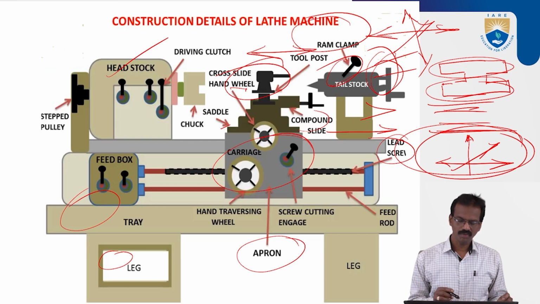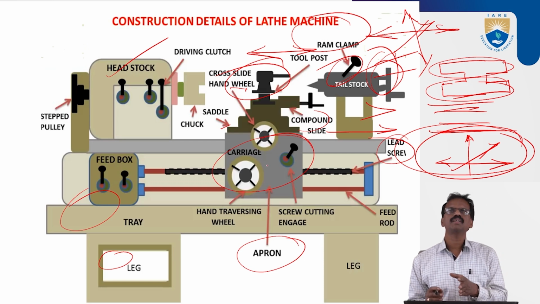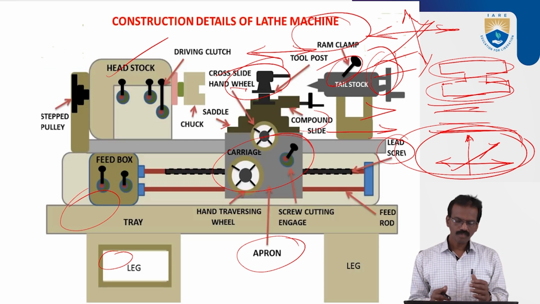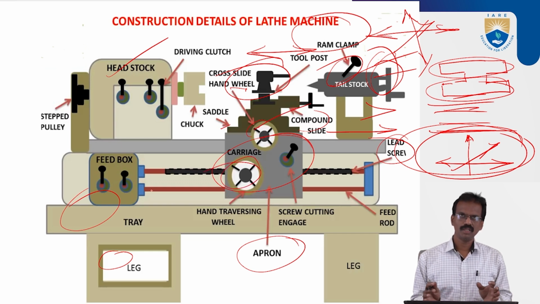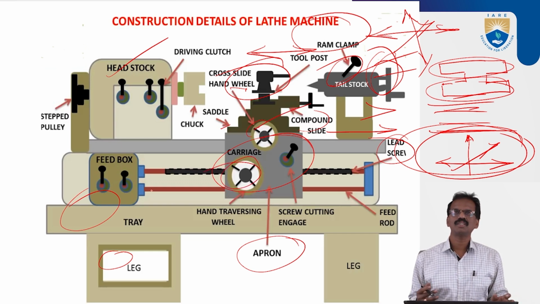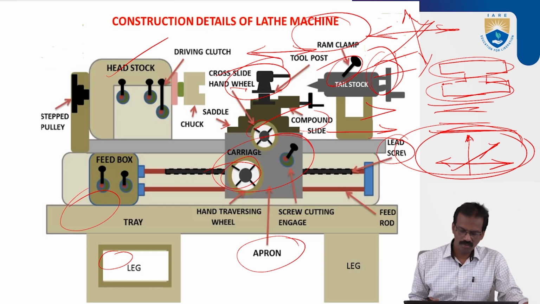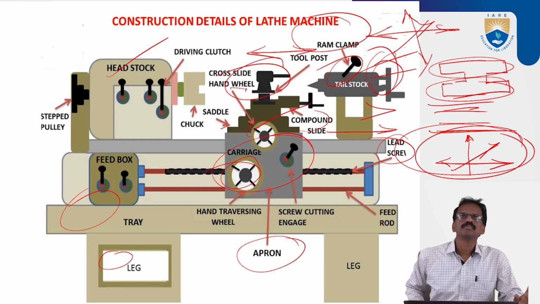That is the main advantage. By the help of the carriage we can operate the cross slide using this lever, and by this lever we can give the horizontal movement, and the vertical movement by the help of the cross slide. So these are the main parts of the lathe.